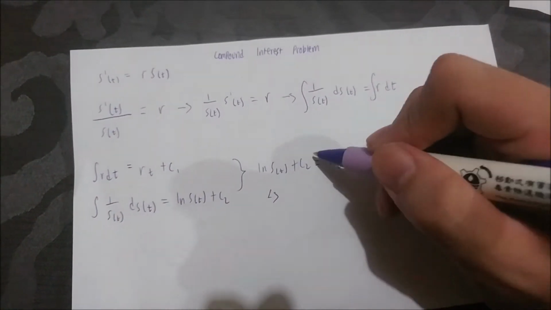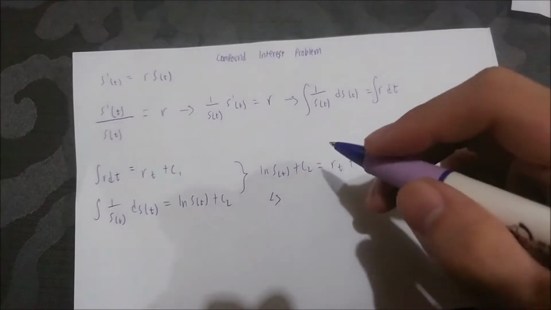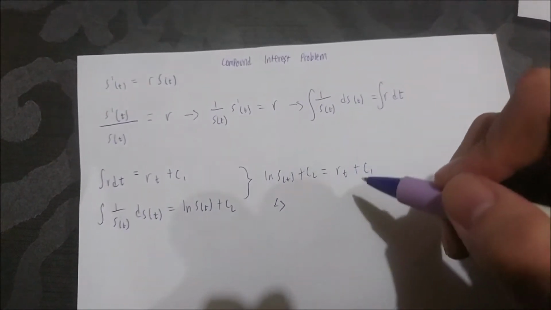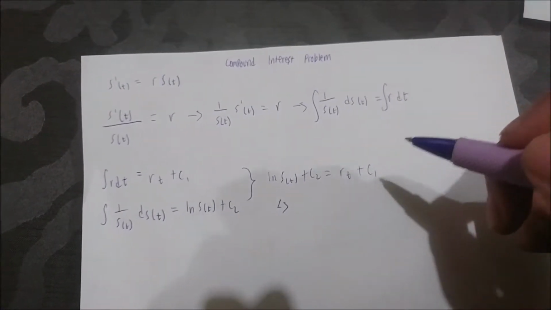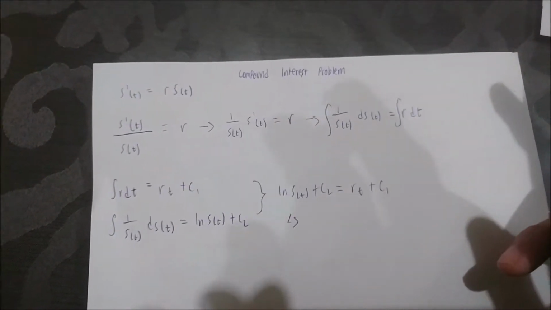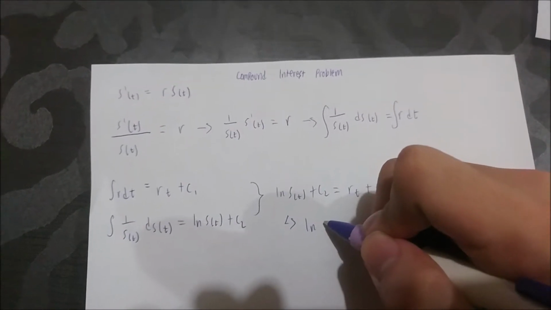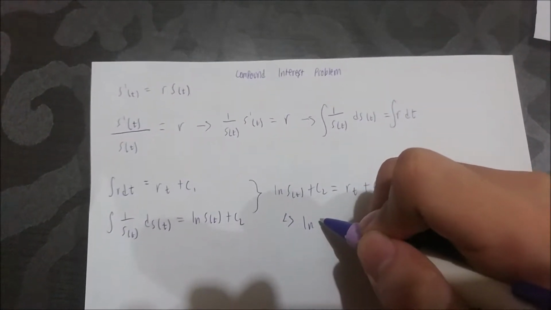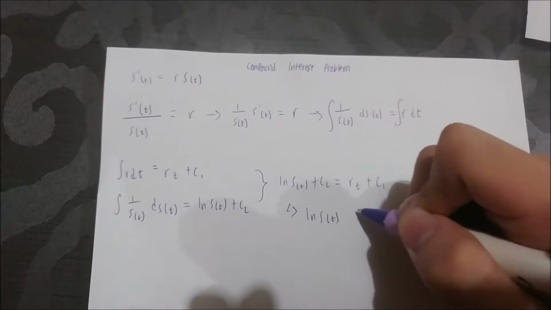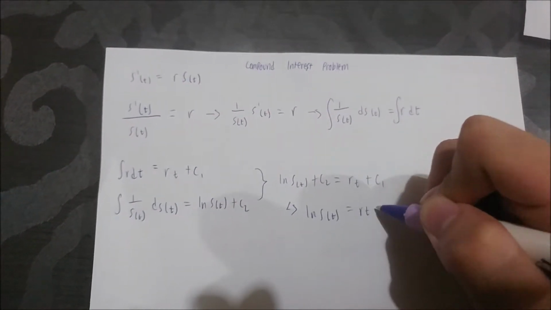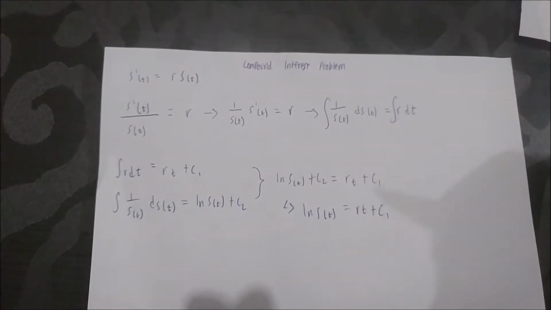We're going to transfer c2 to c1. Since they are both constants, you can eliminate them and just include one constant. So here we can rewrite this as ln s of t is equivalent to rt plus c1.